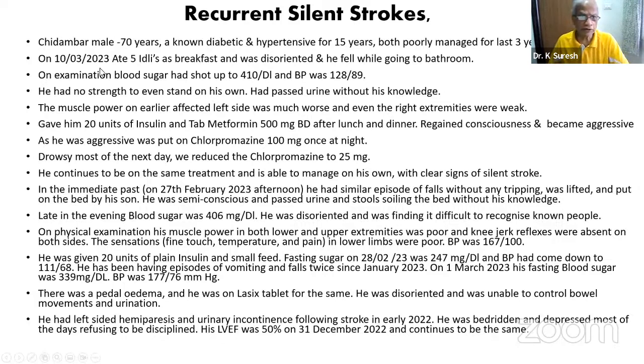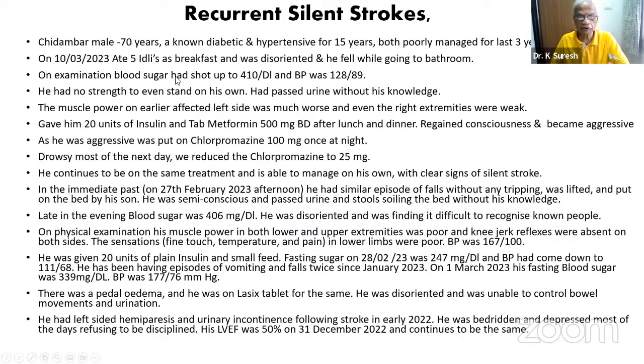This was recently, on the 10th of last month. At midnight, this gentleman felt hungry and ate 5 idlis, as if it were breakfast, though it was almost 2 o'clock in the morning. He suddenly became disoriented and fell just before going to the bathroom to wash his hands.